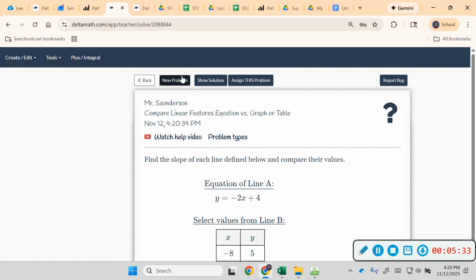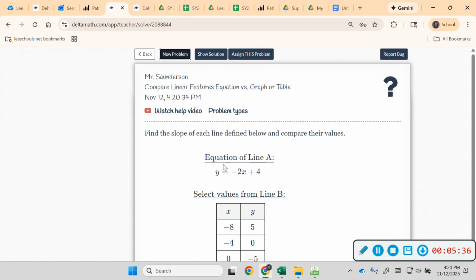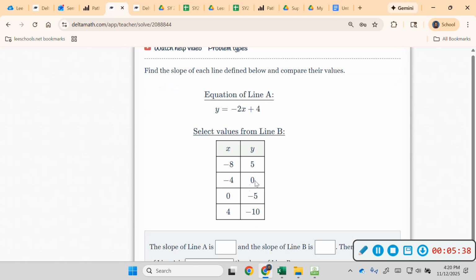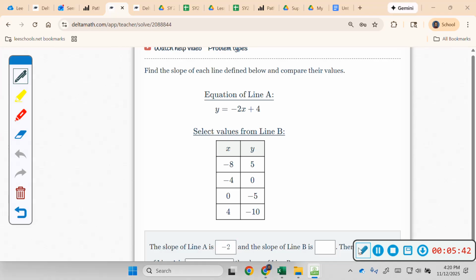Just like that, here you're looking for slope. The slope would be negative 2, and then here I would have 0 minus 5, so it's your y1, y2, x1, x2, over negative 4 minus negative 8.